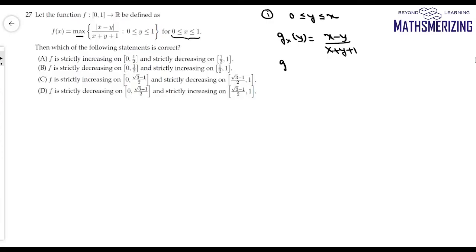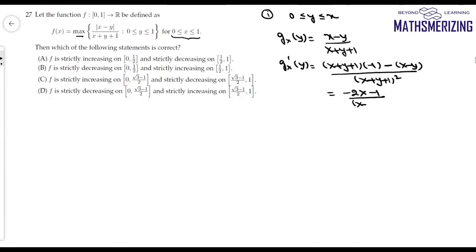So what I'll do is I'll differentiate this function. So I'll find g dash y. So it'll be (x plus y plus 1) times minus 1 minus (x minus y), upon x plus y plus 1 whole square. So in this case, I'll get minus (2x plus 1) upon x plus y plus 1 whole square, which is less than 0.